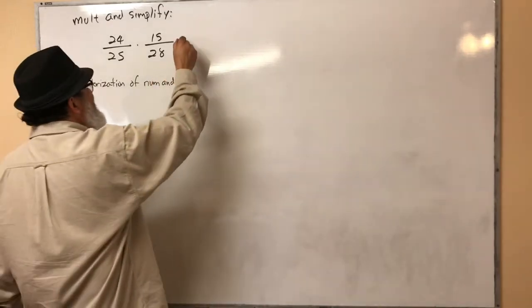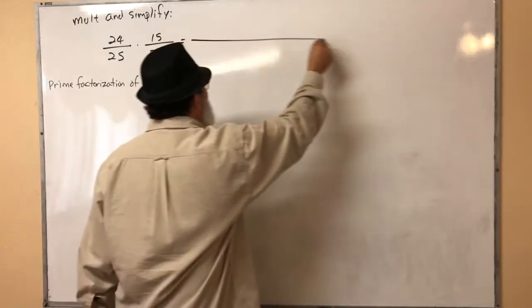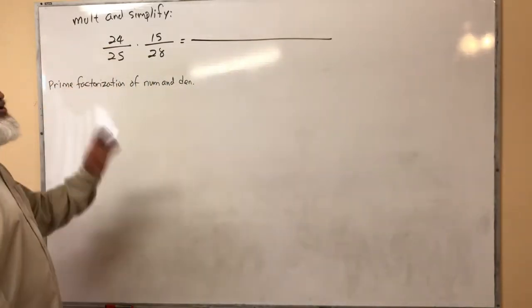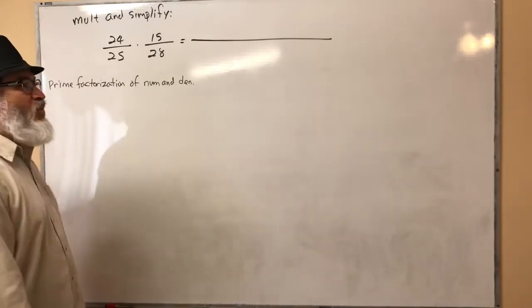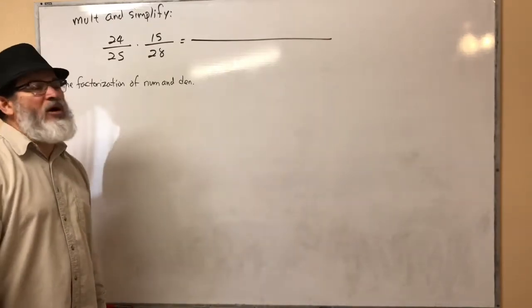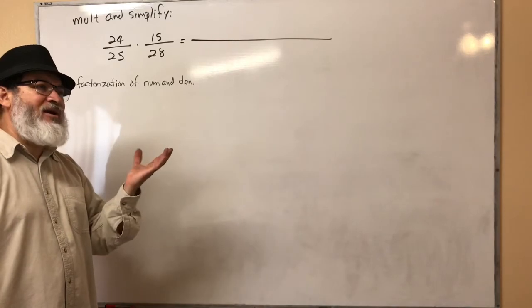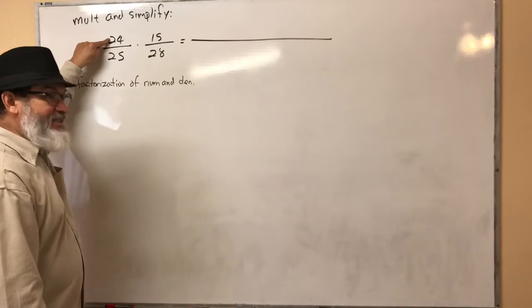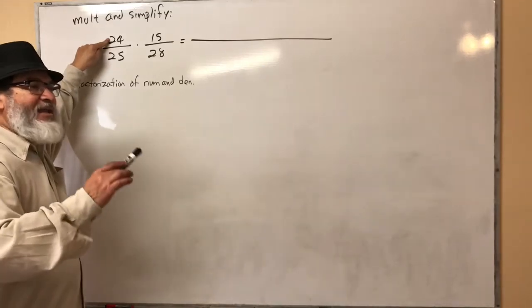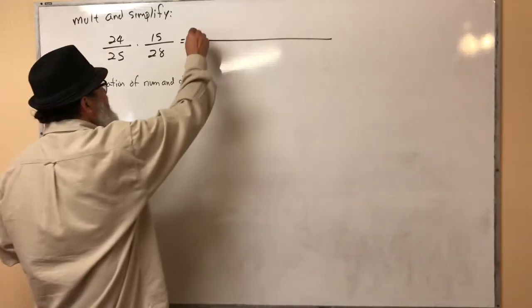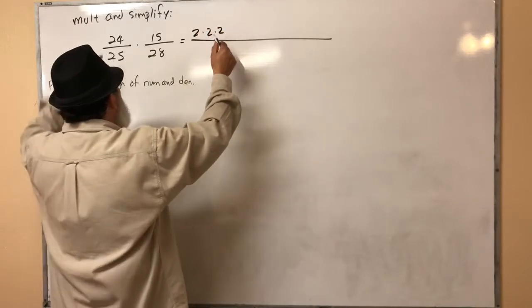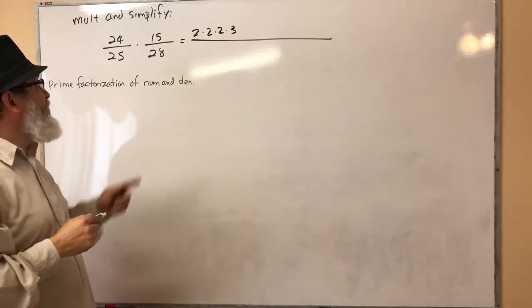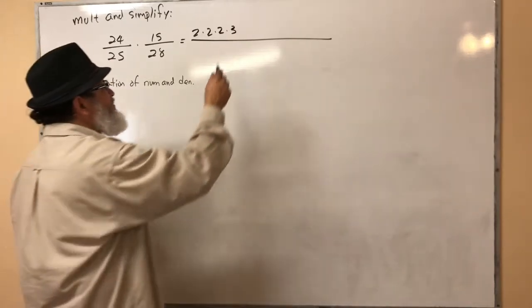So take this and do a big fraction and take the numerator and do the prime factorization. What's the prime factorization of 24? 24 is 8 times 3. And 8 is 2 times 2 times 2, and then times 3. That's 24. 15 is 3 times 5.